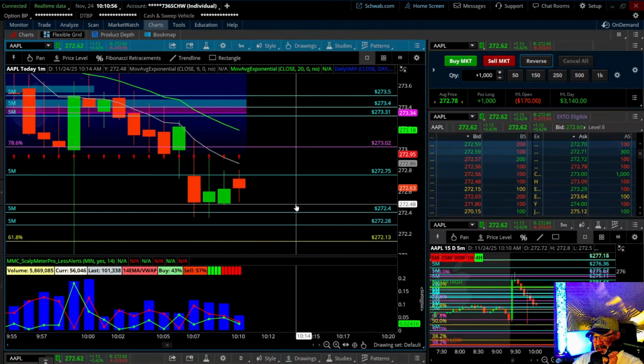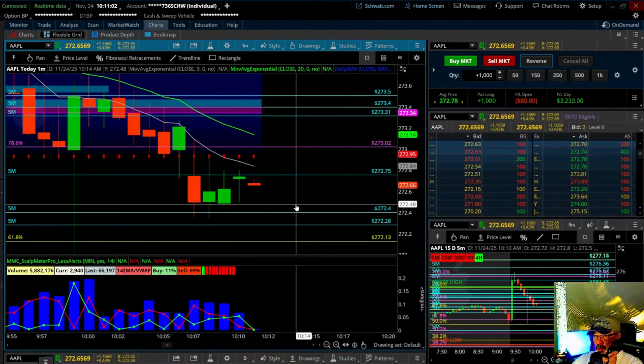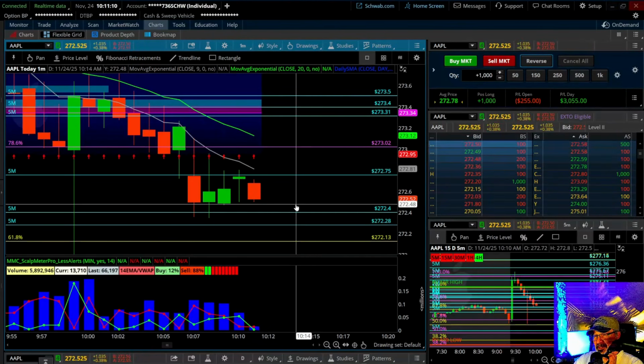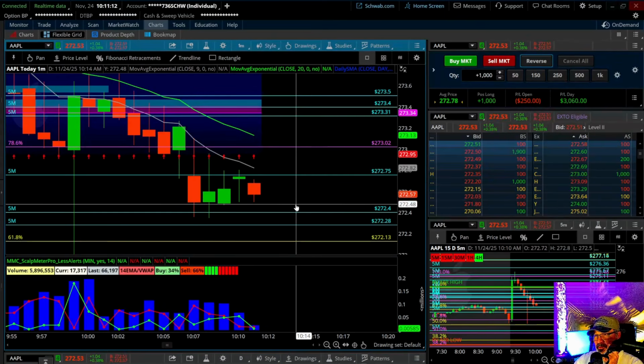If the loss gets too heavy, they're going to get out because they know a few minutes later they get the winning trades that get them out of the hole. But if you get the hole too deep, then that's not good. Then you might tend to take bigger and bigger risks over and over again, digging your hole deeper and deeper. Wow. Okay. So I had a chance to get out up there.